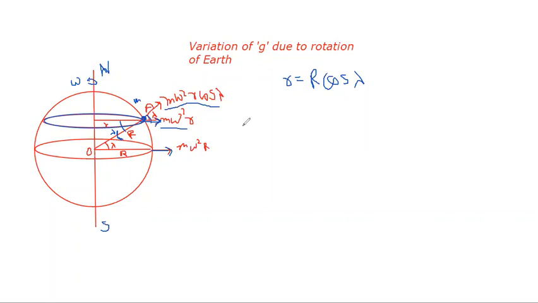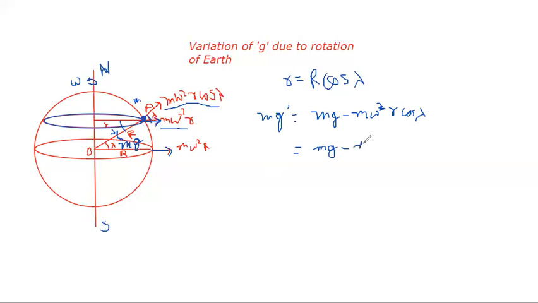So finally, we can write that the weight of the body mg dash, or the net force with which the center of the Earth pulls the body towards itself, mg dash is equal to mg, the actual weight of the body, minus m omega square small r cos lambda. But since this r is variable, let us convert into capital R, which is constant for Earth.